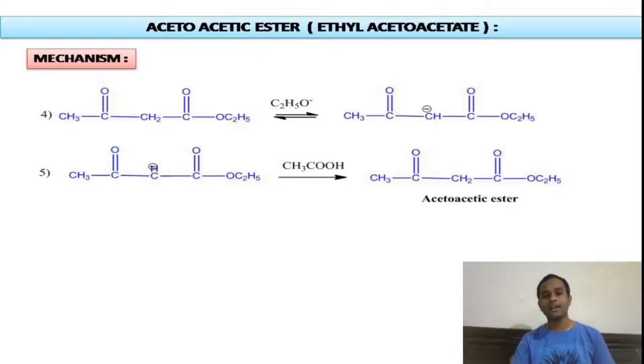This carbon anion will abstract a proton from the acetic acid, that is from the solvent, to give our final product, ethyl acetoacetate, also known as acetoacetic ester. In this way, by using Claisen ester condensation, two ester molecules having alpha hydrogen atoms condense in presence of base to give our desired product, beta keto ester, acetoacetic ester, which is also known as ethyl acetoacetate. This is the preparation method for acetoacetic ester.